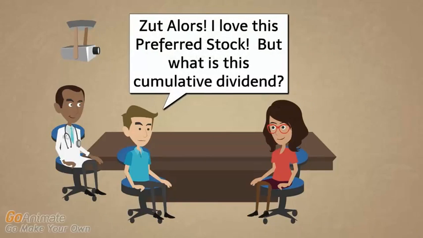I love this preferred stock, but what is this cumulative dividend? The cumulative dividend is basically a promise by the company that if they're going to pay any dividends at all, preferred stockholders are definitely going to get their $1 per year. So where this would come into play is, let's say a company got into a cash crunch. They couldn't pay dividends, so they skip preferred dividends for a year. They owe those preferred dividend shareholders at least $1 per share.